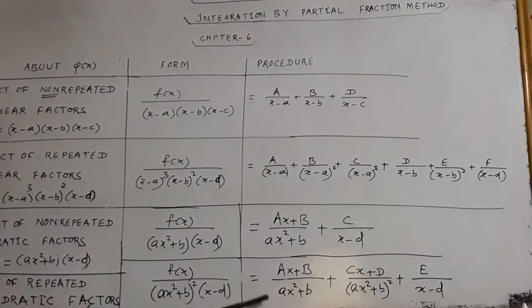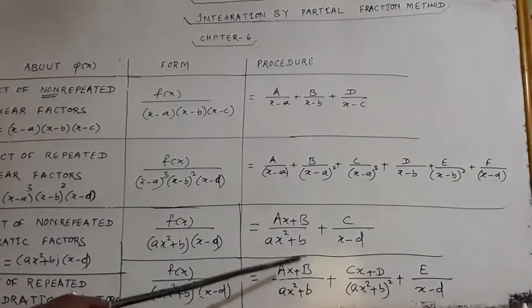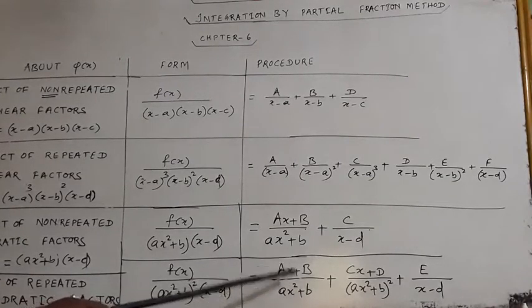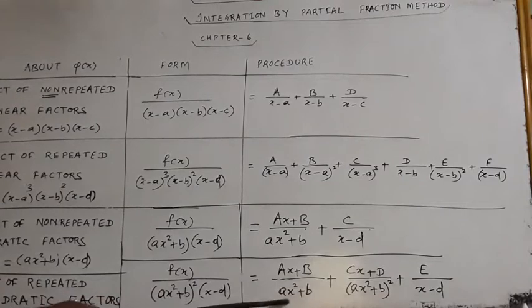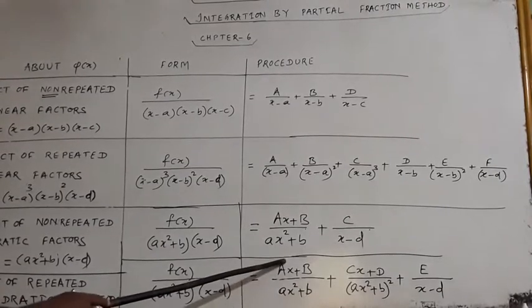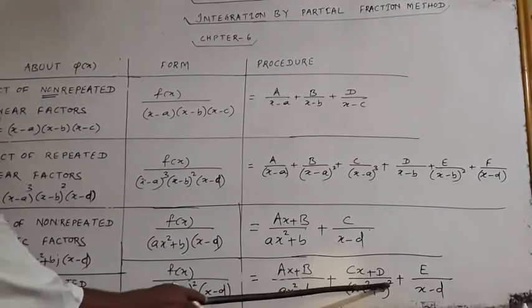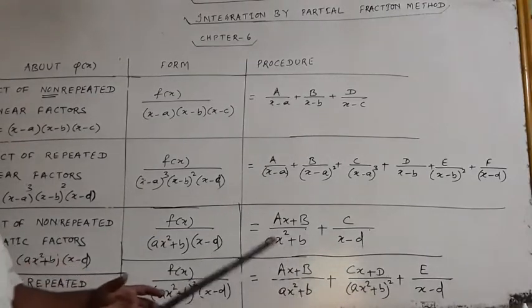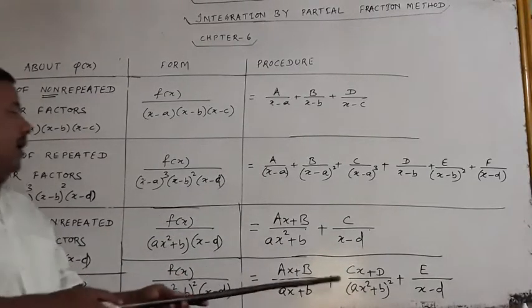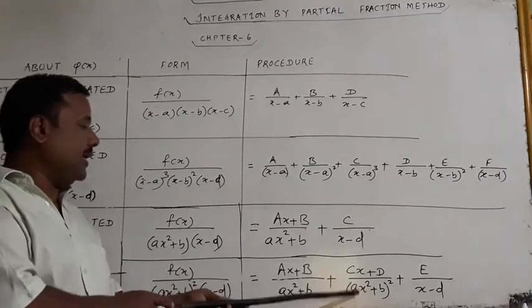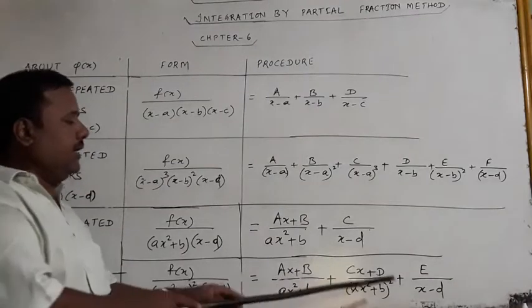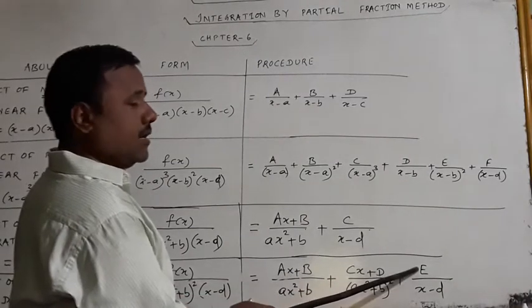Mind it, remember it: if the denominator is ax² + b, then the numerator must be linear. If the denominator is quadratic, then the numerator is linear. Here also it is quadratic squared, the main importance is on the quadratic. If it is quadratic, then it is linear. If it is linear, then it is a constant.